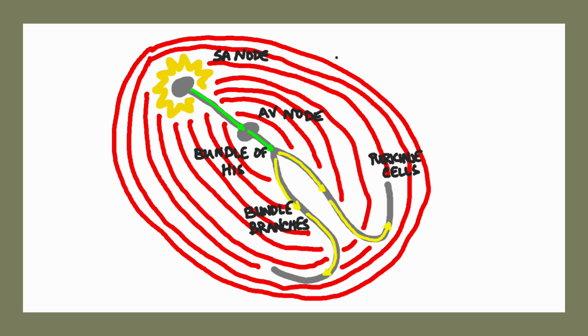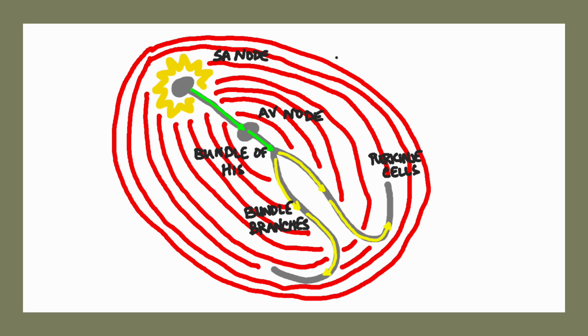All right, let's look at the conduction system and how the information from the conduction system spreads to the muscles of the heart. You start with the all-important sinoatrial node. This is the pacemaker of the heart and set at a rate between 60 and 100 beats per minute.